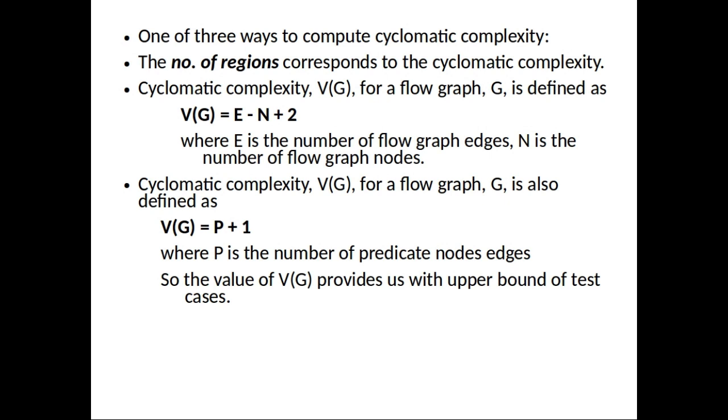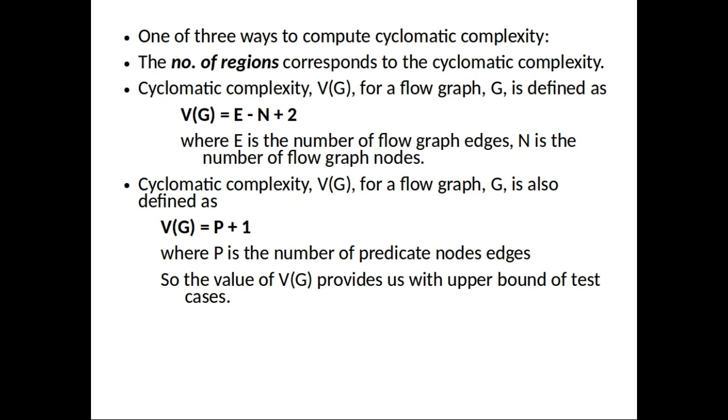Cyclomatic complexity V of G for a flow graph G is defined as V of G equal to E minus N plus 2, where E is the number of flow graph edges and N is the number of flow graph nodes. 3.